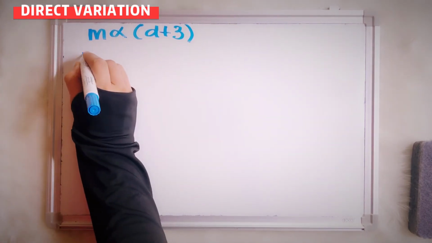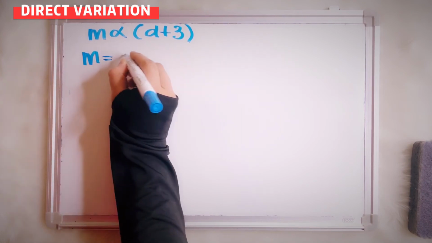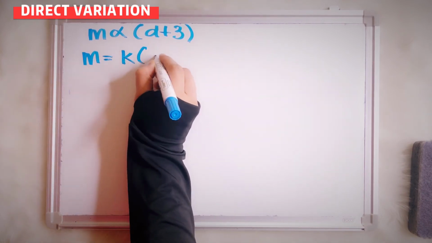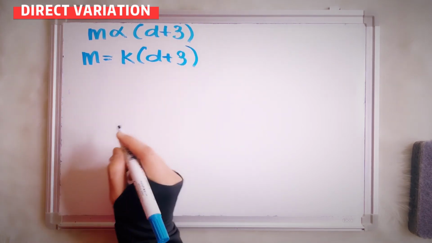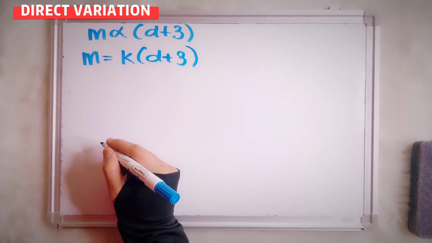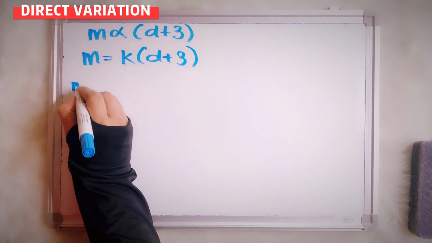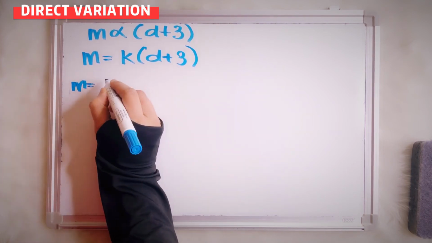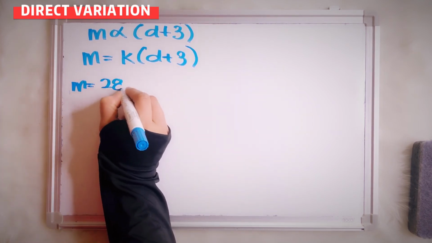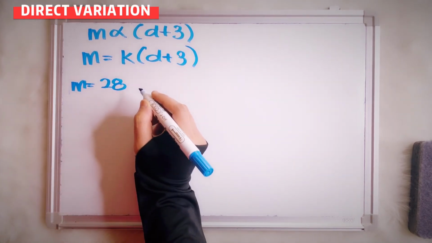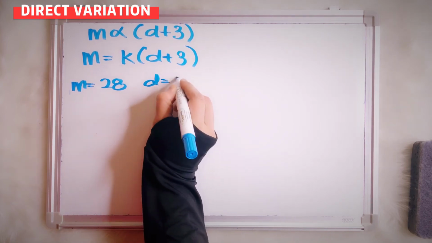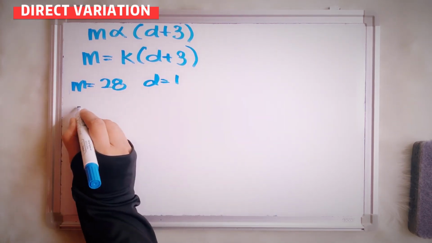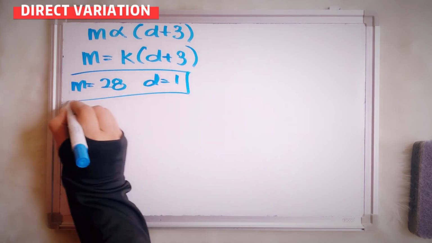So that means m equals k(d plus 3). Okay, so now you have the value for m. Your m equals 28. Okay, and your d is 1. So now, okay, substitute, yeah.